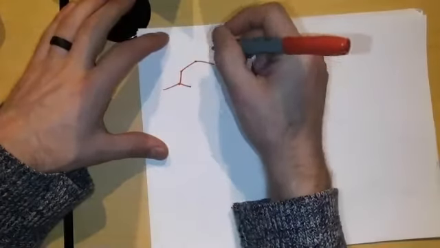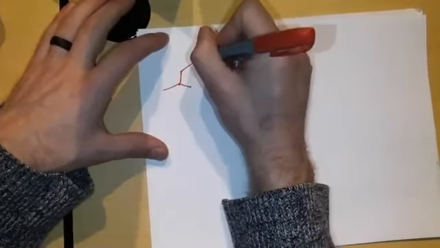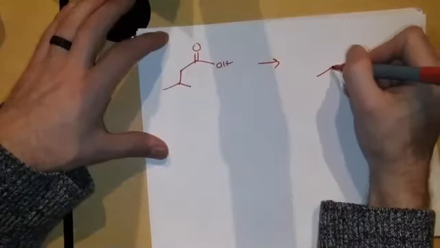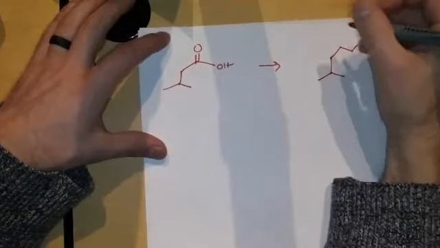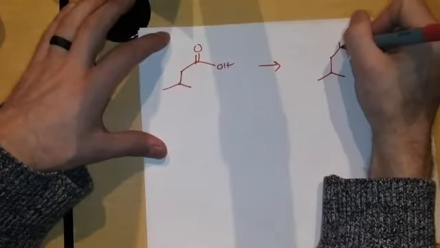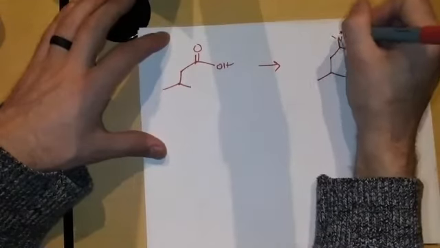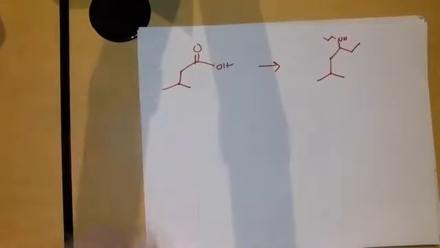I'm going to use a synthesis to kind of teach it. Okay, so we know how to make amines through either amides or nitriles.